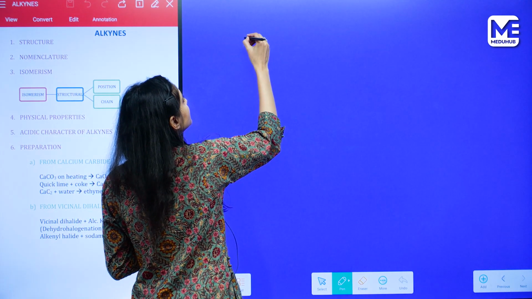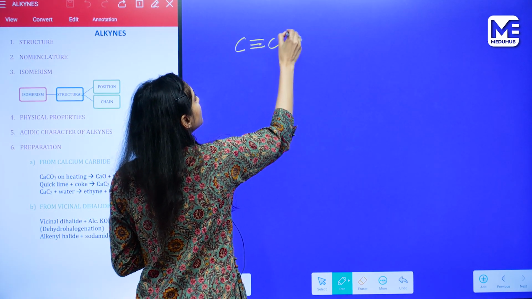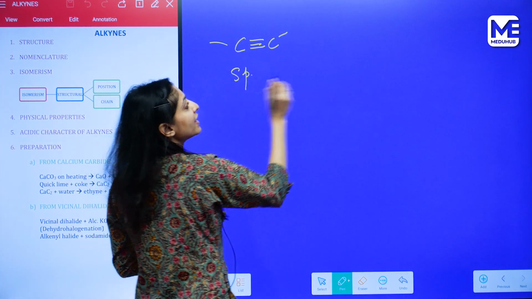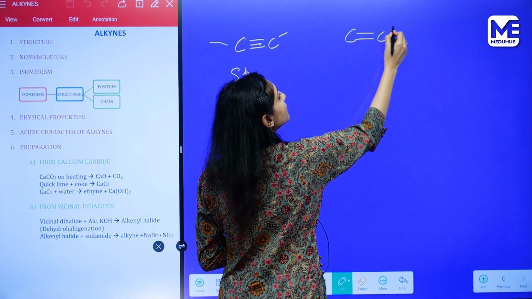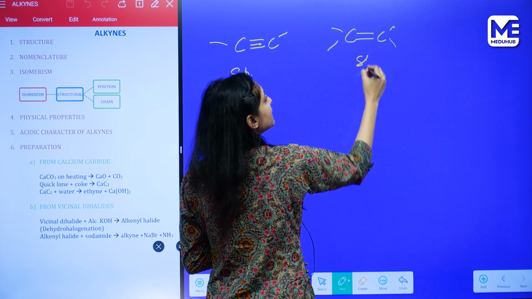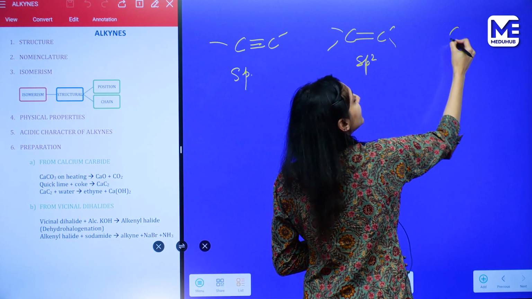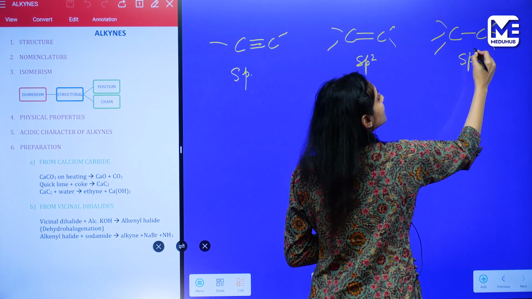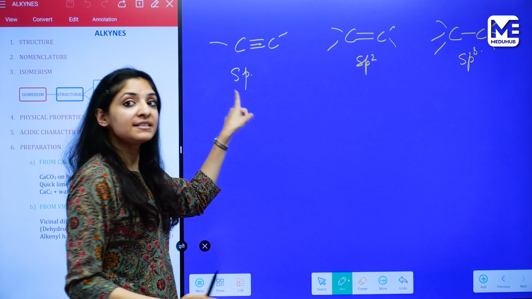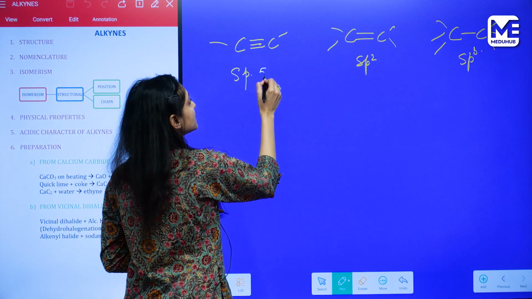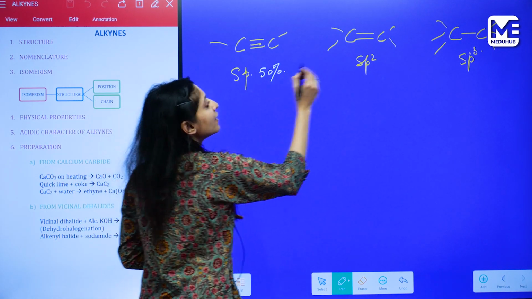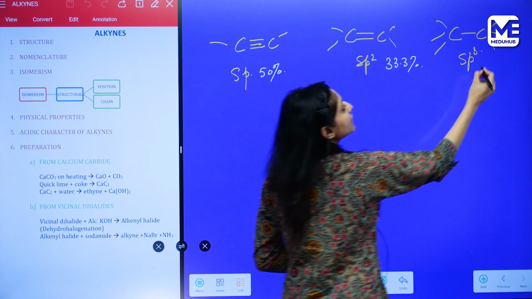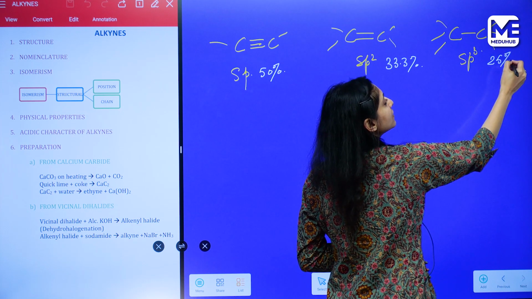In alkynes, the triply bonded carbon is sp hybridized, whereas in alkenes it is sp2 hybridized, and in alkanes it is sp3 hybridized. Now the s character here is 50%, here it is 33.3%, here it is 25%.